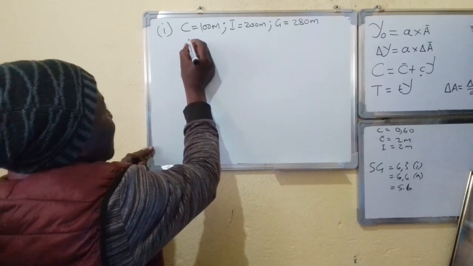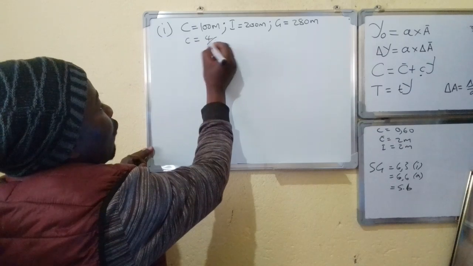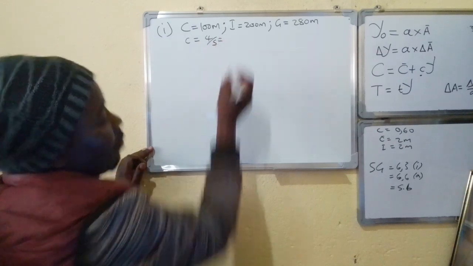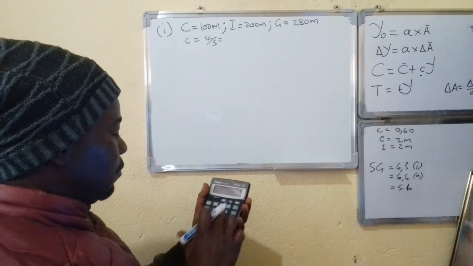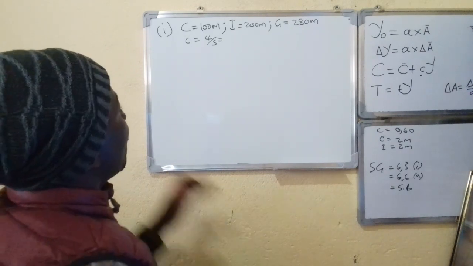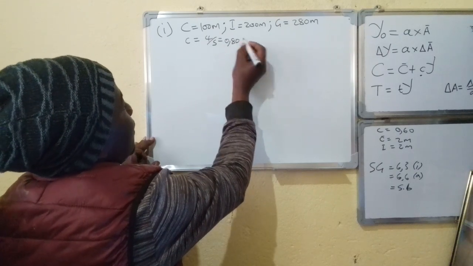Our little c equals 4/5, which equals 0.80.